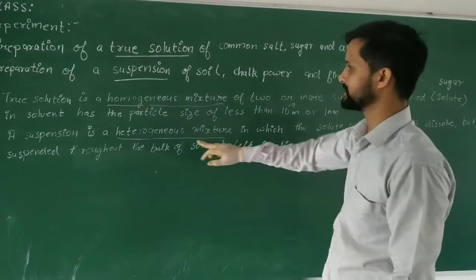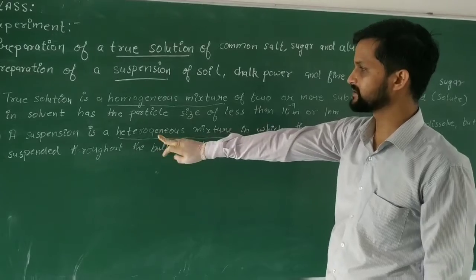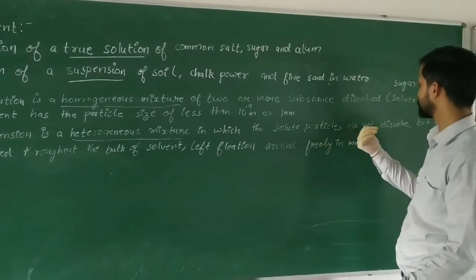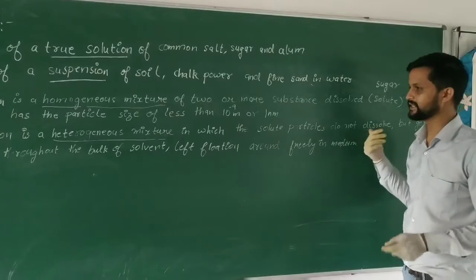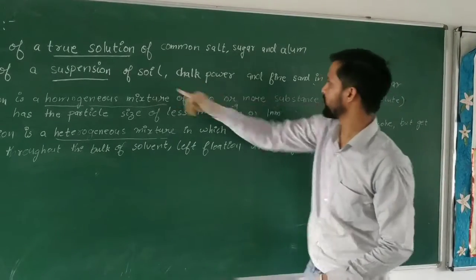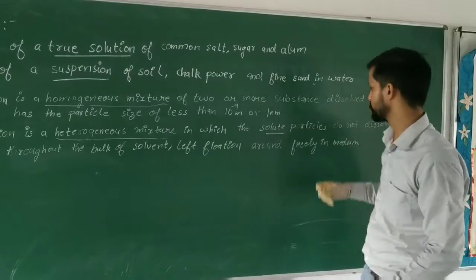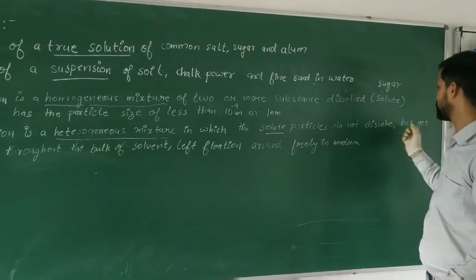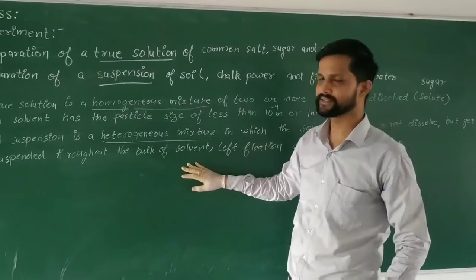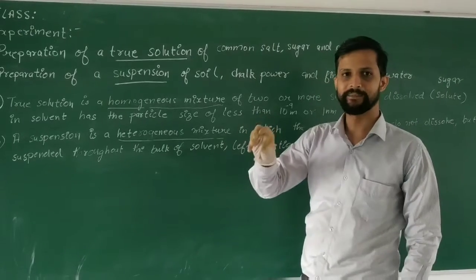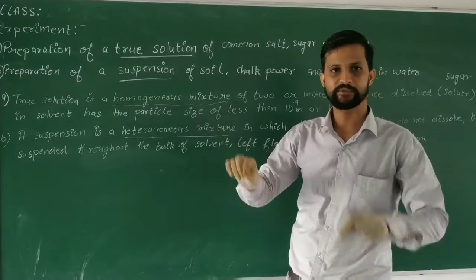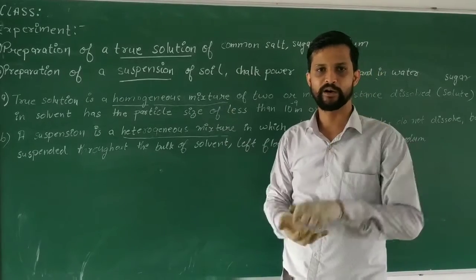The definition of suspension is: a suspension is a heterogeneous mixture in which the solute particles do not dissolve. Here we can take chalk powder and soil as a solute. They do not dissolve in water but get suspended throughout the bulk of the solvent.